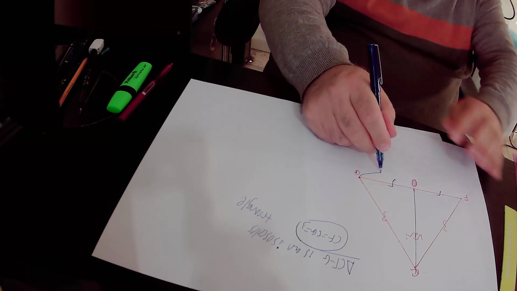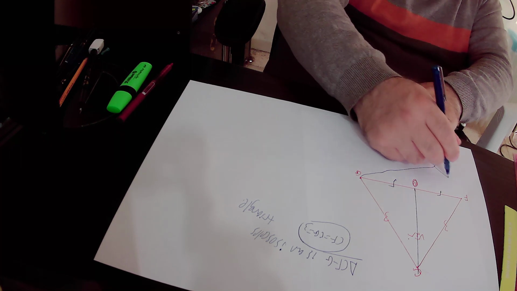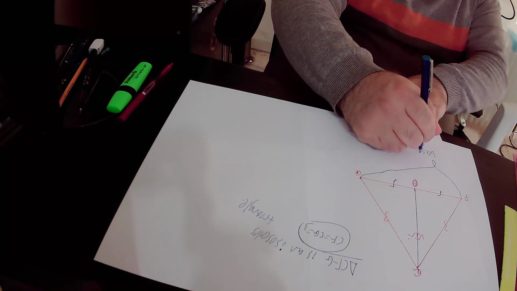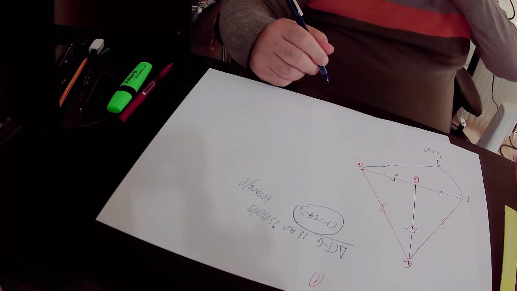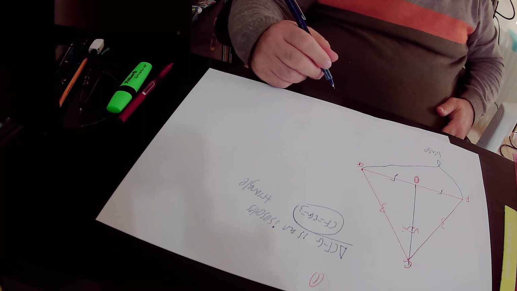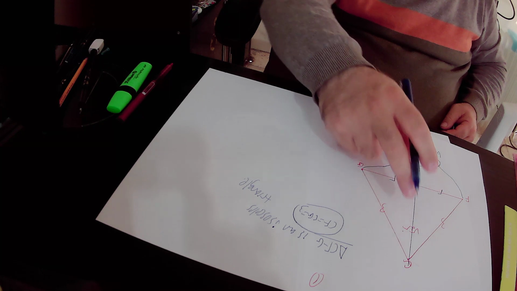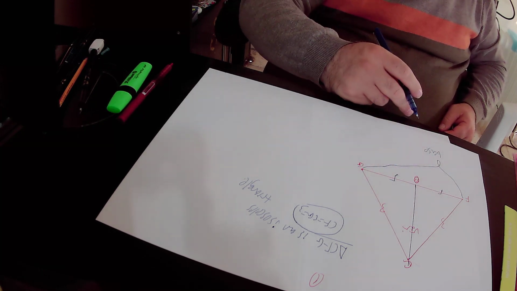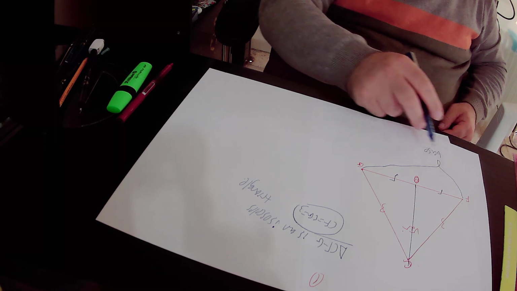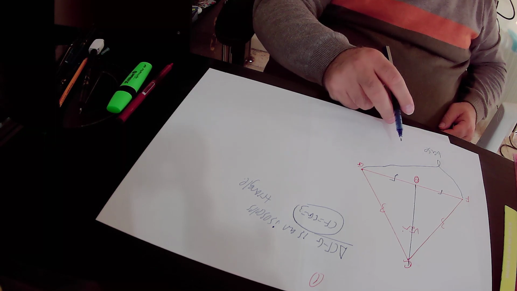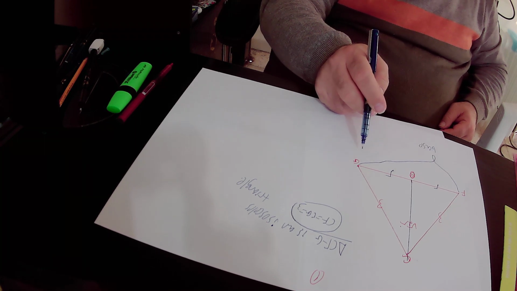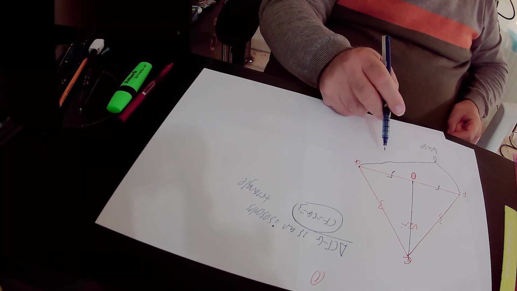Okay, so FG, right here, is the base of the triangle. And what is segment CO? Segment CO bisects the base FG into two equal parts. That is to say FO equals OG equals R.